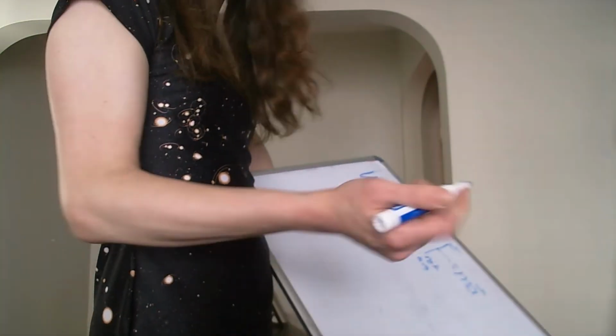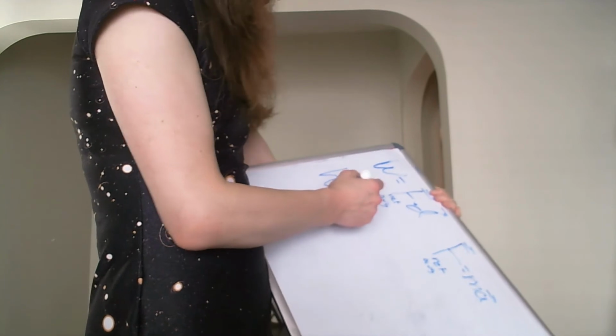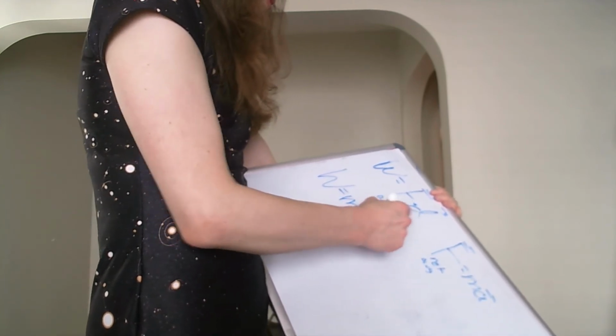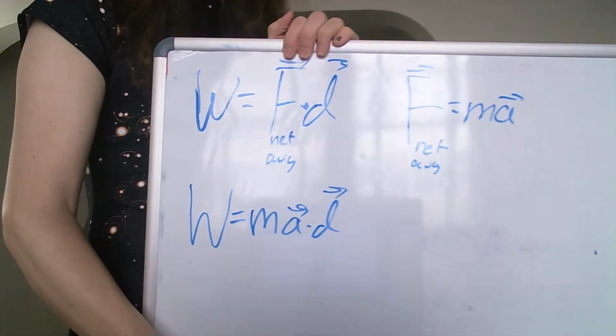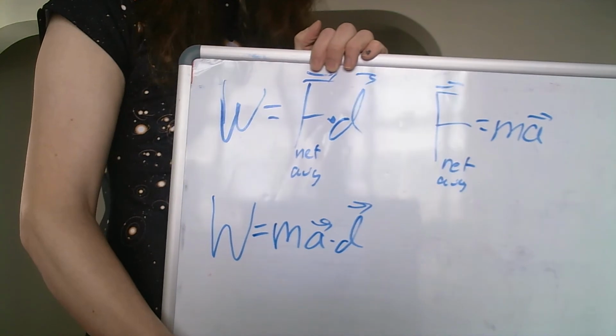So that then tells us that the work is mass times acceleration times the distance over which we're accelerating.